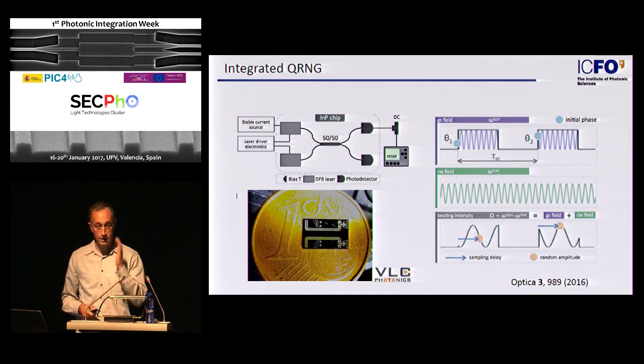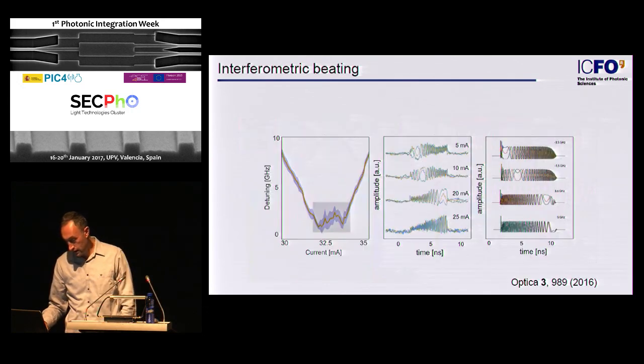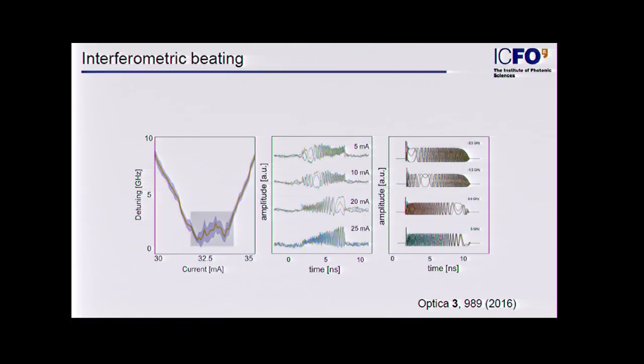The continuous wave laser will always have the same phase, but the laser that I'm pulsing will change its phase, as I described earlier. And this is the way we did this interferometry beating on a chip.